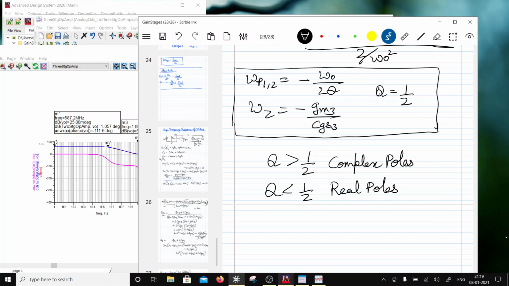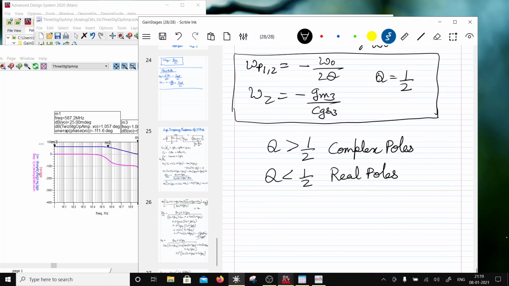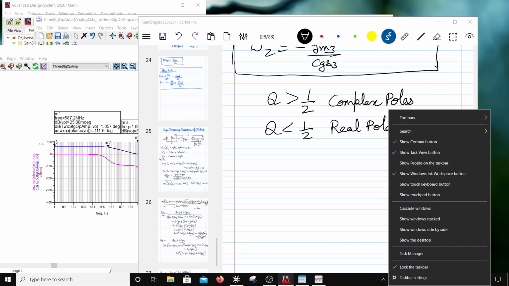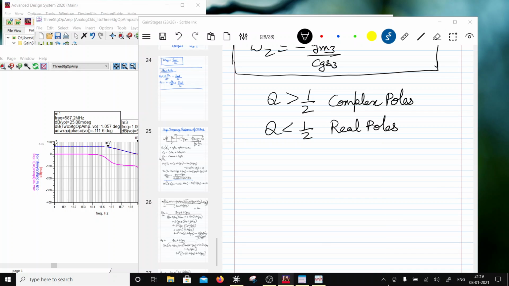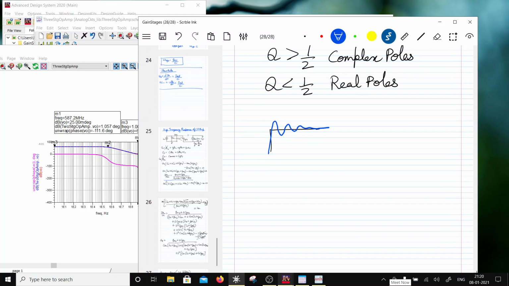Now the thing which we have to avoid is two complex poles, because they can cause ringing. So if you give a step input to a common drain amplifier, it's a second order system, so it is going to do this and it will have certain settling time. That's what we talked about in the earlier lecture.